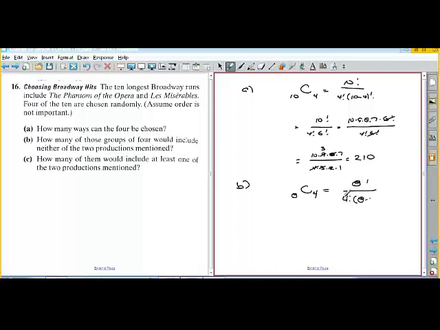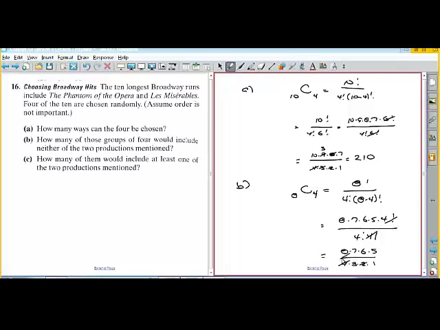So that'll be 8 factorial over 4 factorial times 8 minus 4 factorial, which is going to be 8 times 7 times 6 times 5 times 4 factorial divided by 4 factorial times 4 factorial. Those cancel out. I make sure I remember to write 4 factorial out and not just leave it as 4.